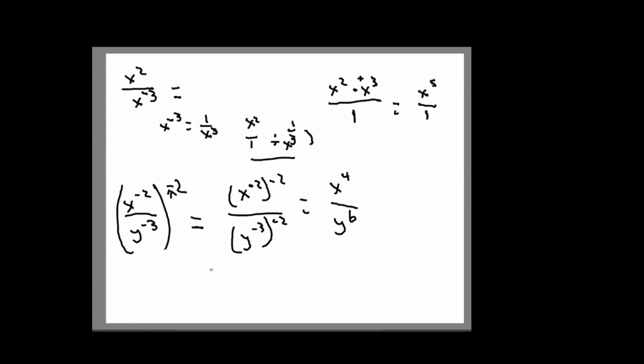Another way of doing this, which might come in handy depending on the problem, would be, since you have a negative exponent, you would flip the fraction in order to leave yourself with y to the negative 3 over x to the negative 2, to the power of positive 2.